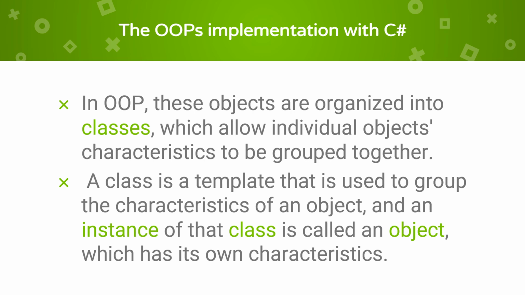And when we create an instance of that class, that instance is called an object, which has its own characteristics, right? Like a human being has 2 legs, but some human beings have some problem, like their both legs are not functional as expected, and some human beings' both legs are working as expected. So these are their own characteristics.